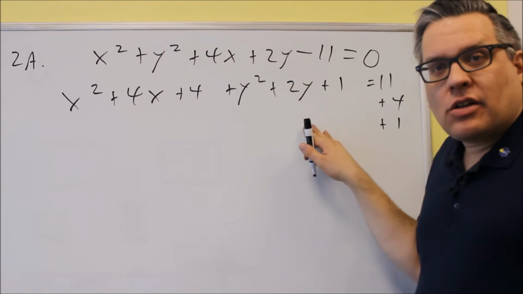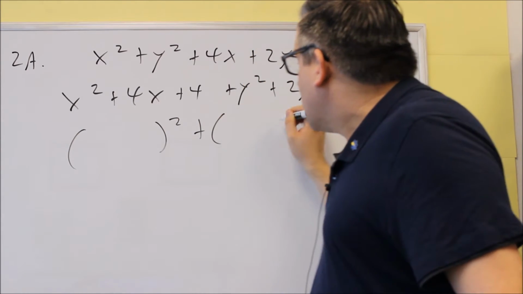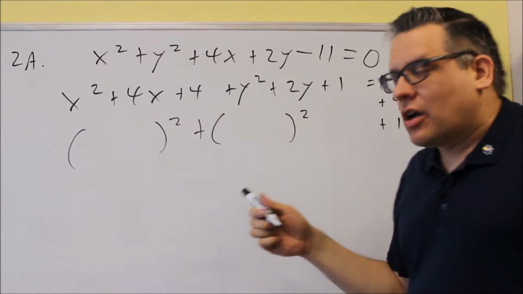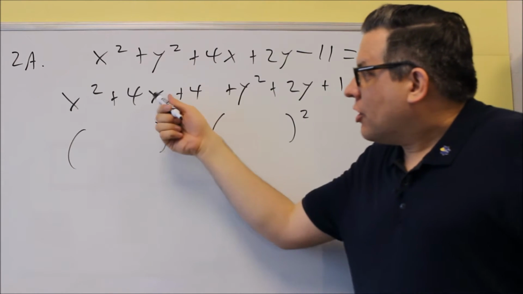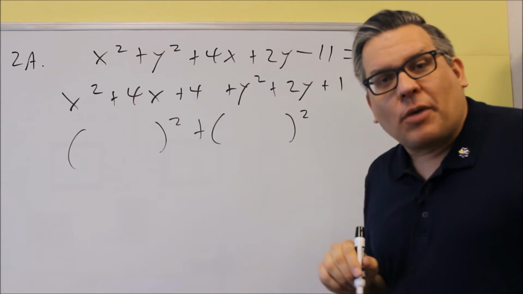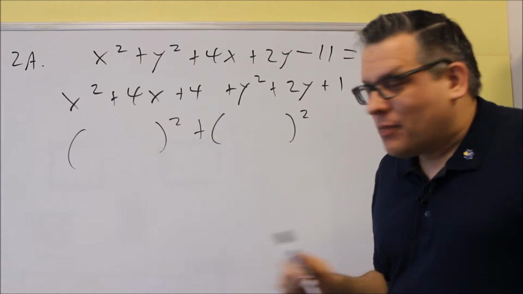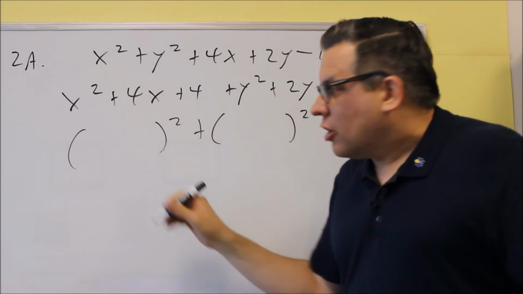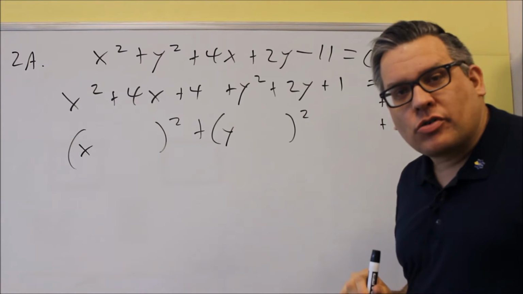Now by doing that, we're going to end up creating something that factors into this. You've got something quantity squared and something quantity squared here. When you do the first step of the complete the square, where you take that number and divide by 2, that's the number that's going to go in here. We know this is an x and this is a y because those are the variables we're using.